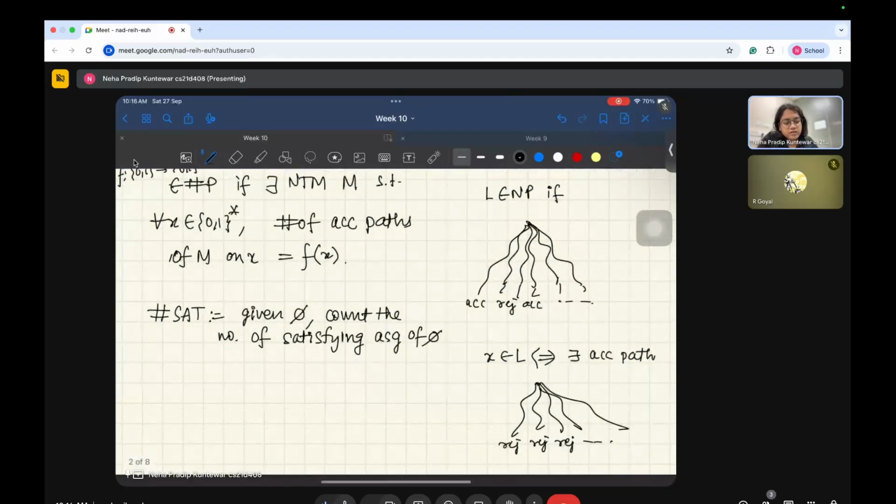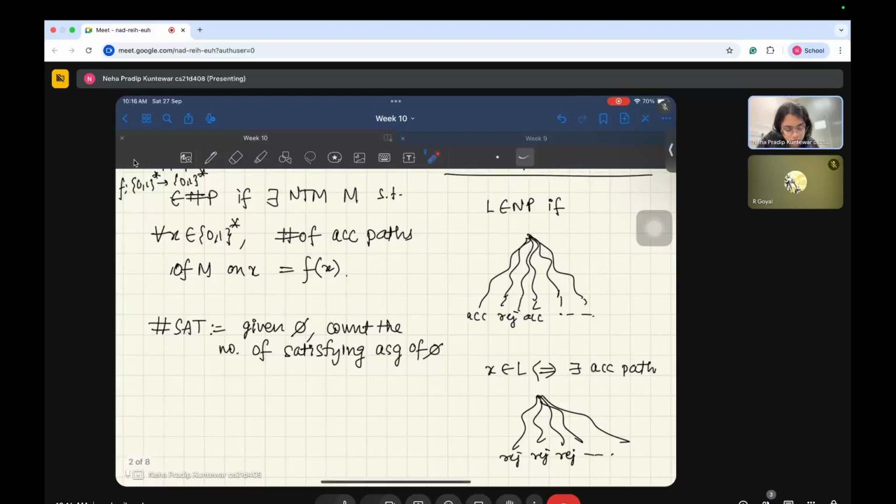Now what you want is that for any formula that I give, let's say it has k many satisfying assignments, then the number of accepting paths in the non-deterministic Turing machine should be exactly k.